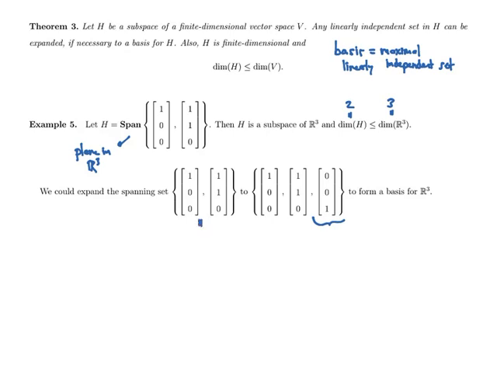So a way that you could describe this set, this is going to be the set of all vectors A, B, and 0, such that A and B are real numbers. And what we're missing is that third coordinate of that vector. So if I could just add something that takes care of that third coordinate, the 0, 0, 1 vector, then I can get something that spans the entire space R3.